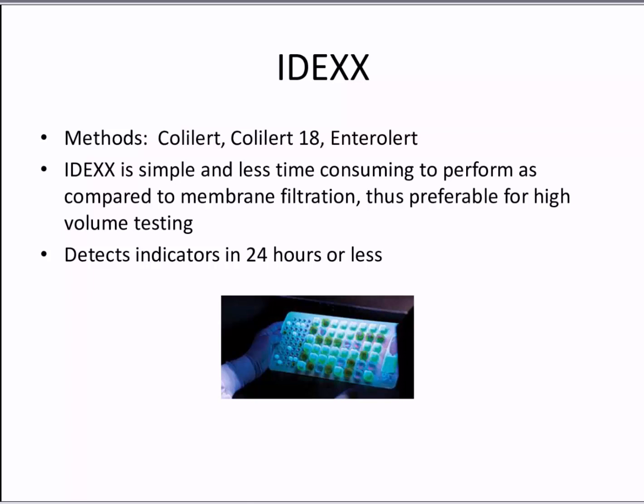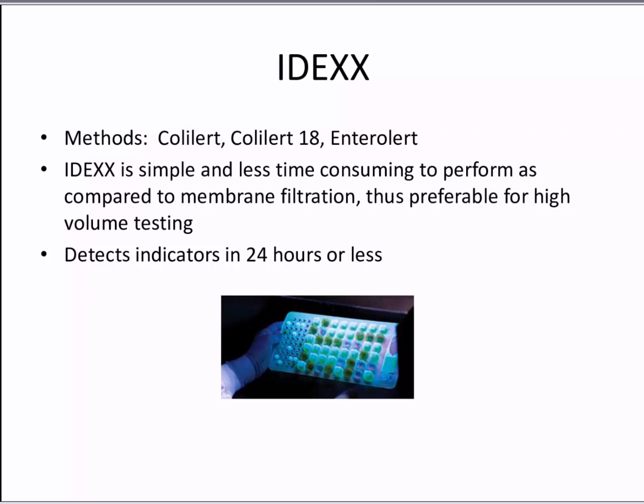And below in that photo, you can see a picture of the Quanti-Tray. And those little tiny squares, you can consider them little wells containing growth media for bacteria. There's an enzyme in there that is specific for the indicator of choice.